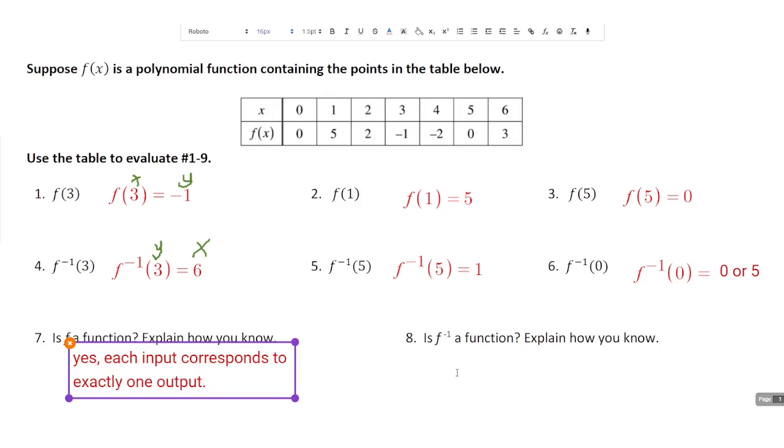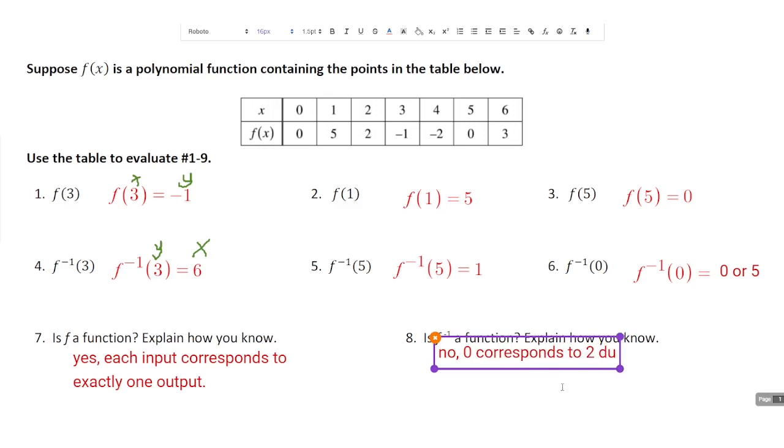Is the inverse a function? Okay, well, we were just talking about that. We know that the inverse is not a function. No. 0 corresponds to different outputs.